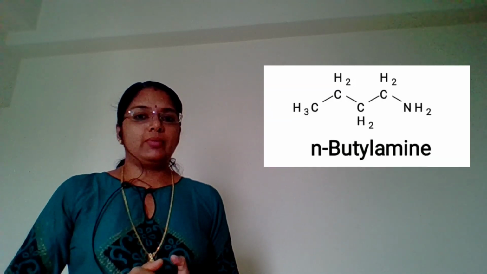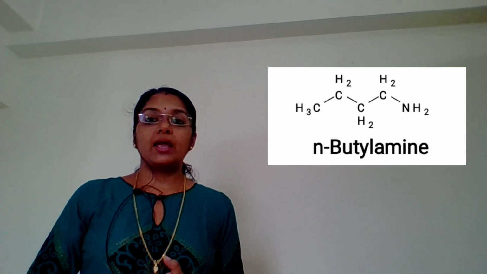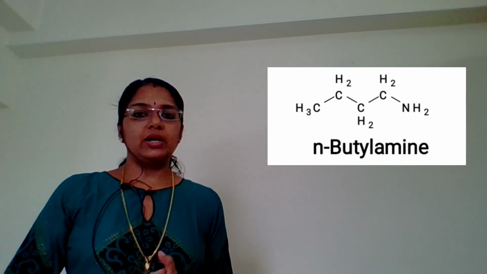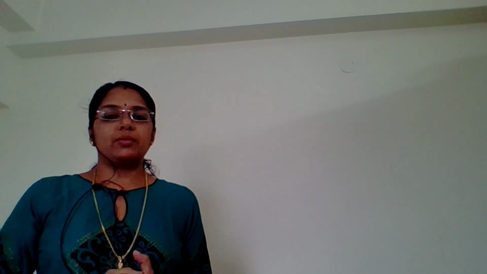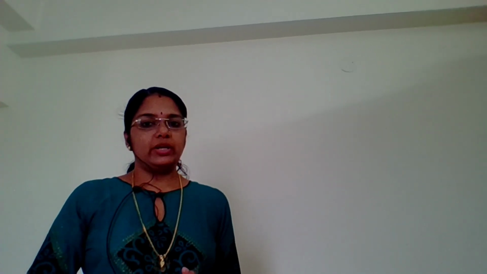If a hydrogen atom leaves from a primary carbon and an amine attaches, it is termed as N-butyl amine as its common name. But if a hydrogen atom leaves from the secondary carbon and an amine is attached, it is termed as secondary butyl amine.